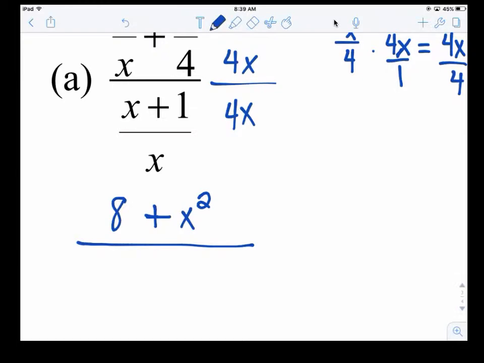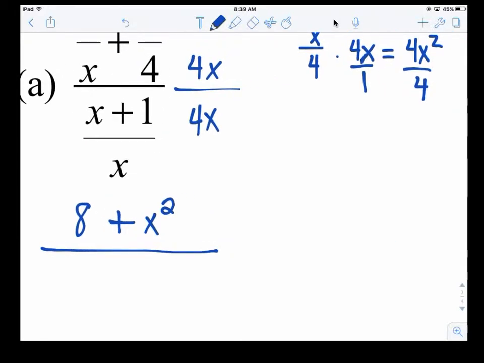All right, now we're going to do the bottom. So you have 4x times x plus 1 over x. What does that simplify to? Well, what cancels out?